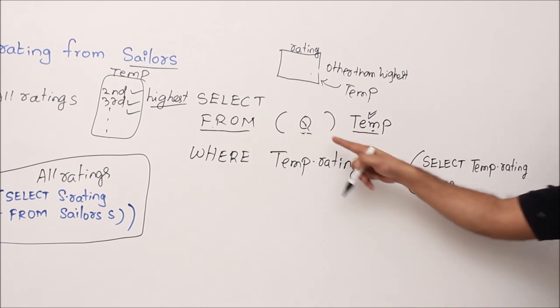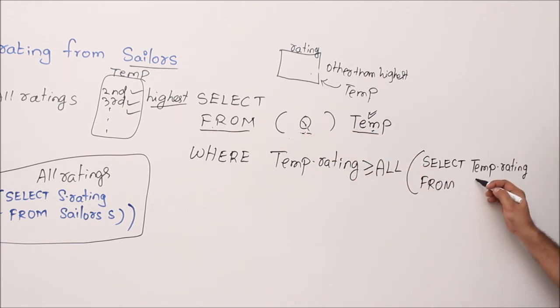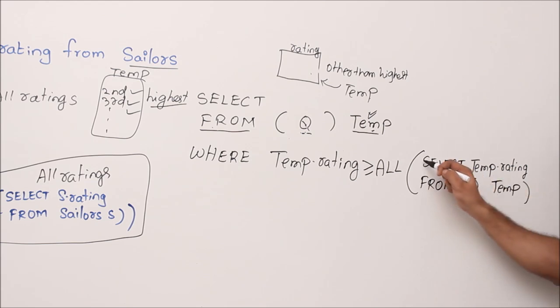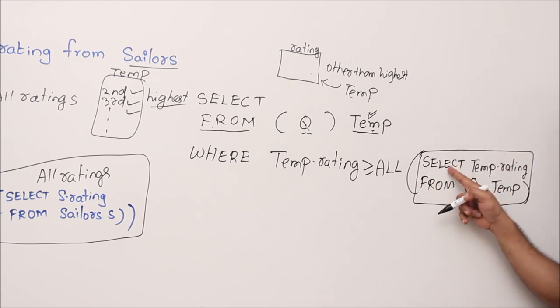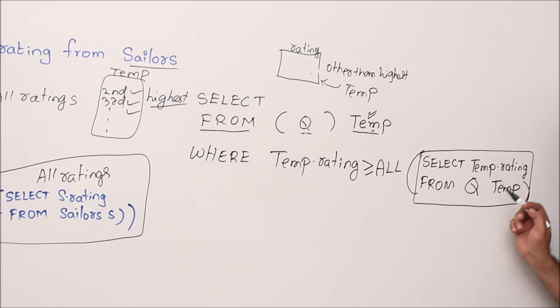Similarly, we have to construct another query. What you have to do is write q here, from q temp. Now just focus on this part: select temp.rating from q, which is temp. Here temp is nothing but this q. What is q?